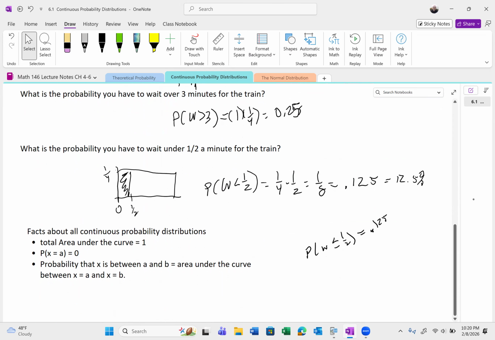Again, the probability that it's exactly 3 minutes or exactly 1/2 minute would all be 0. In general, for the uniform distribution, the probability that a is less than or equal to x is less than or equal to b would be the height of the graph, let me just call that H, whatever the height of your graph is, times b minus a, the width of the interval you're looking at.